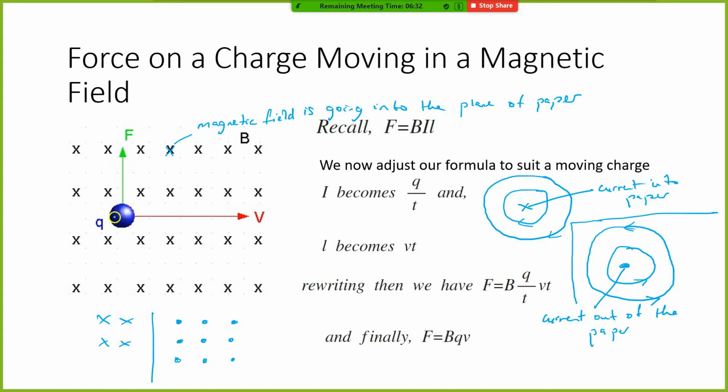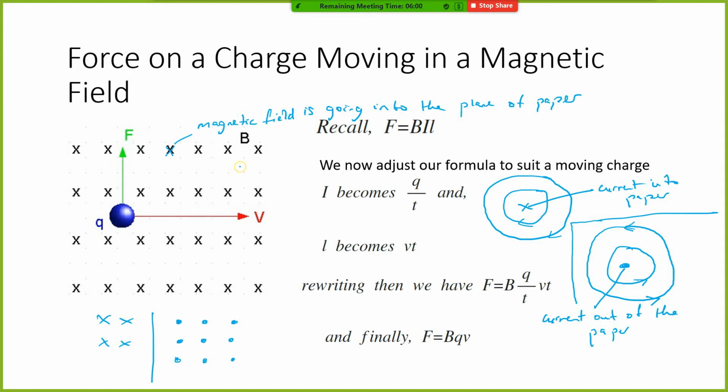So with this information here, the same Fleming's left-hand rule can be used to predict the direction of the charge, in terms of where it's going to move in terms of the force, right? So what you would do is take your Fleming's left hand rule with your fingers positioned in the correct way.